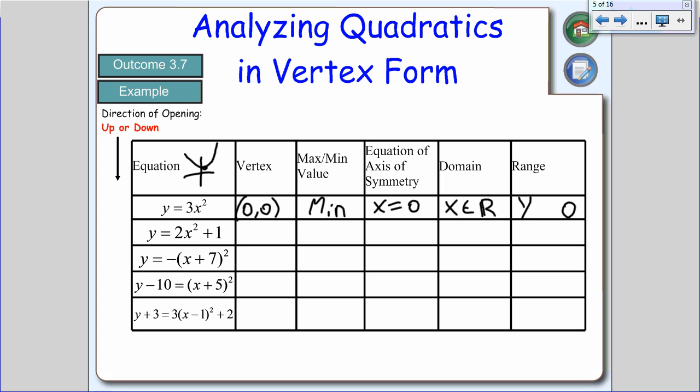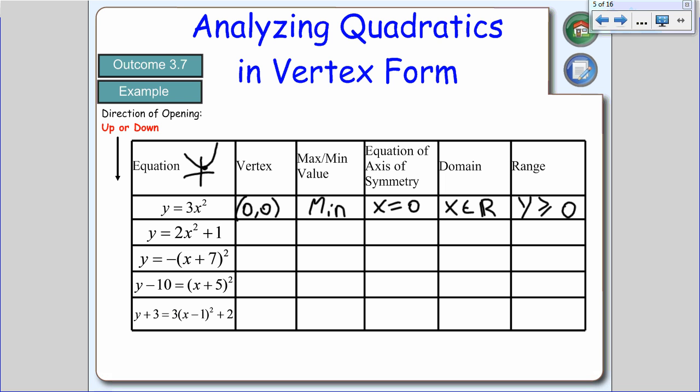Is it going to be greater than or less than? Greater than, because it's a minimum. Greater than or equal to 0. Okay. Let me find the axis of symmetry. It's always your x value of your vertex. Always, yeah. Okay, let's look at this next one.